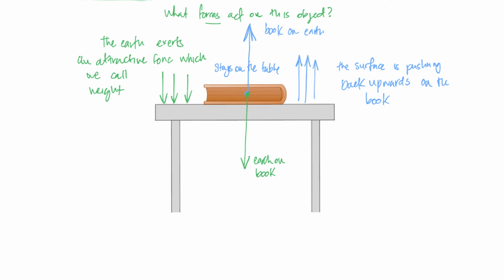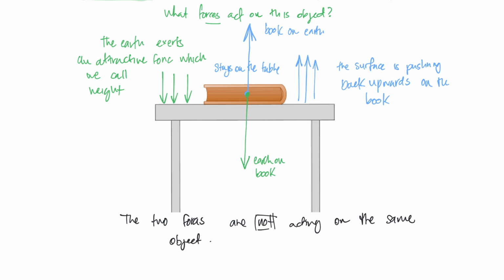What you would notice now, if I'm looking at this situation, is the two forces are not acting on the same object. Right? They are not acting on the same object.